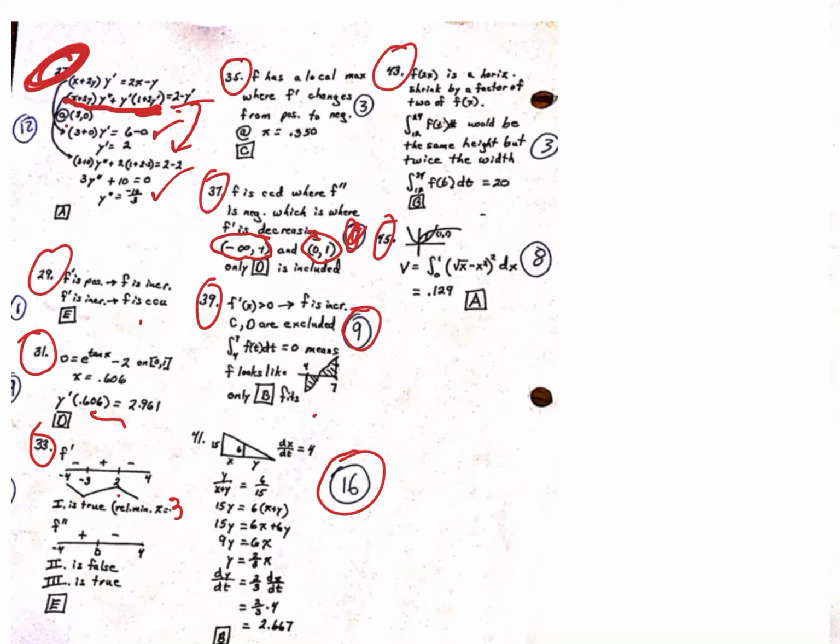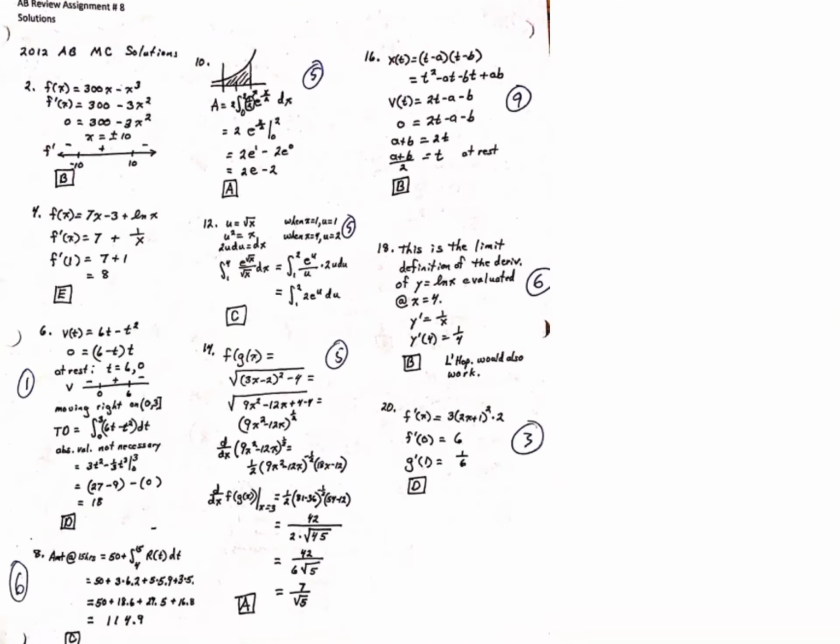The area of a square is a side length squared, and the area we're given is formed by x squared minus the square root of x minus x squared. And so that difference would give me the length of a side of the square, so I'd integrate that squared from 0 to 1 to get my answer.